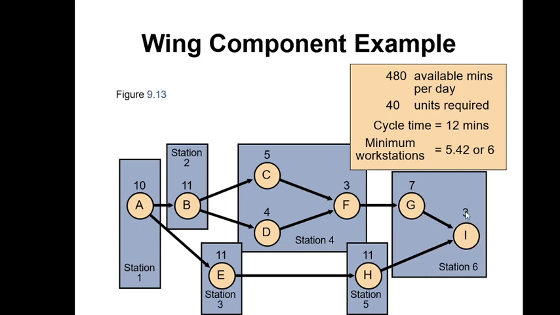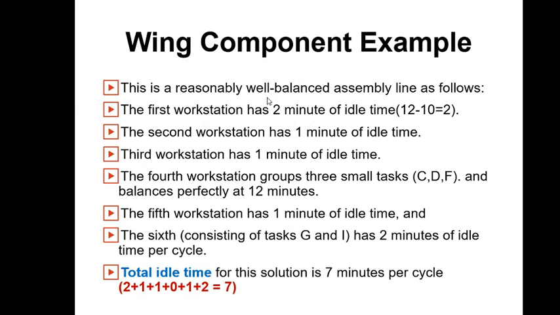Why 2 minutes? Because 3 plus 7 is 10, 12 minus 10, so we have an idle time of 2 minutes. Okay, this is the summary of the idle time. So in the first workstation we have 2 minutes of idle time.